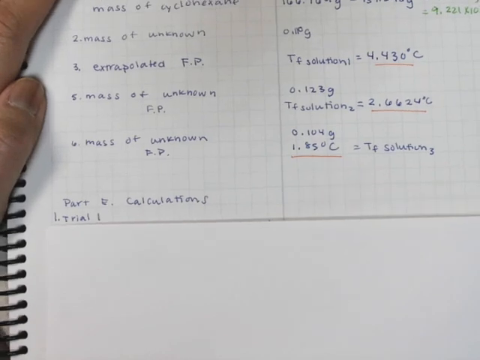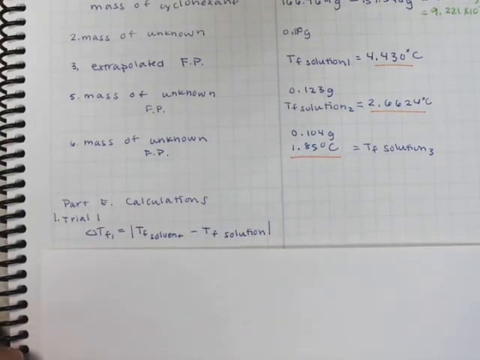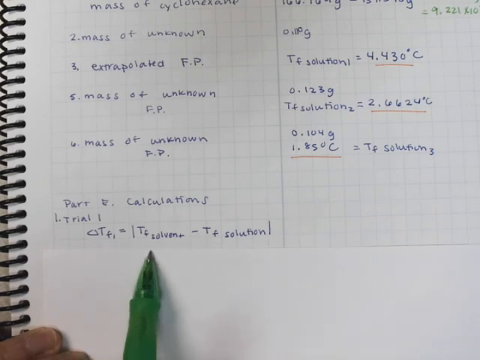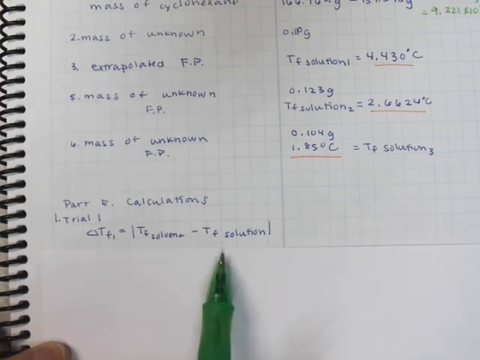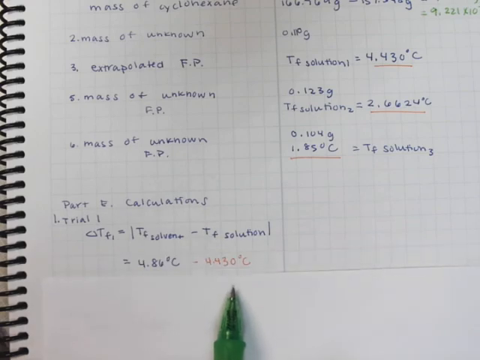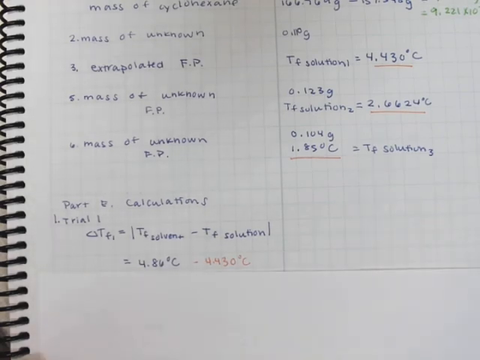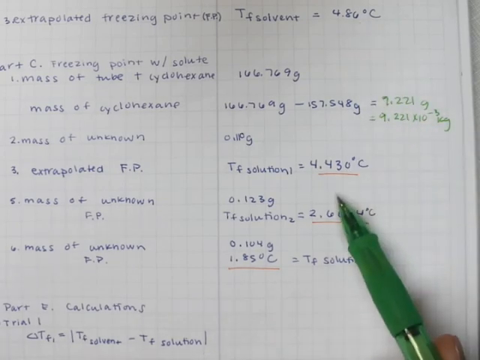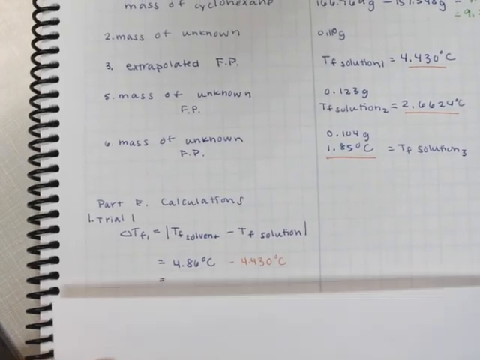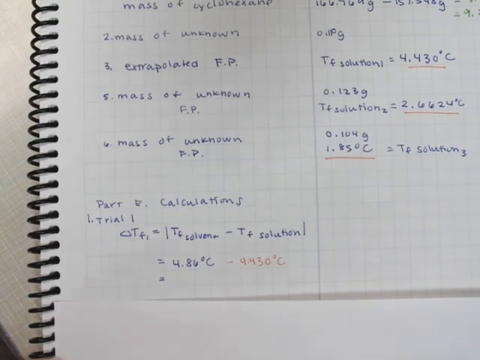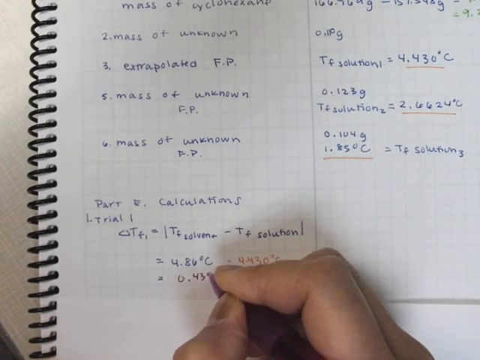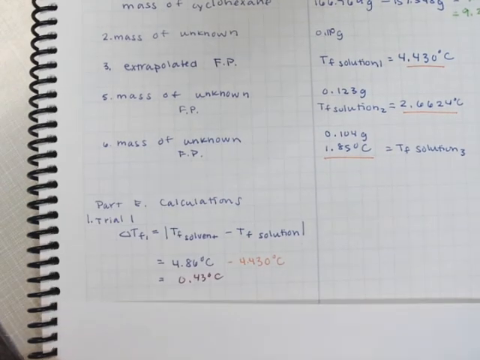For the other calculations in part E, you want to calculate the delta TF. So the change in the freezing point is the freezing point of the cyclohexane minus that of solution 1. So the 4.86, which was here for me, minus the first one. After I calculate that, I would get here 0.43 degrees Celsius.